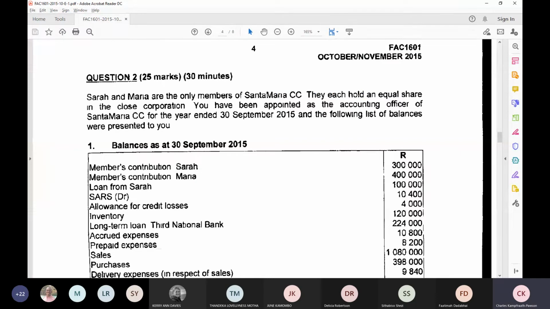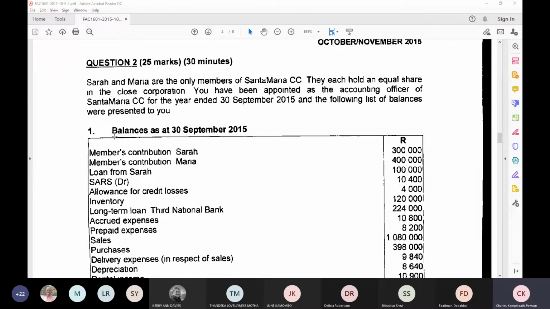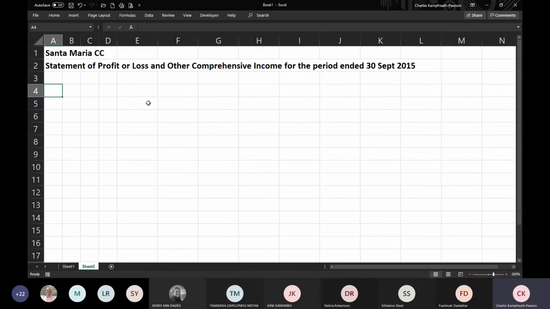Just give me a few seconds. So here they give us the list of balances, and that will give you an indication of how your statement of profit and loss should start.